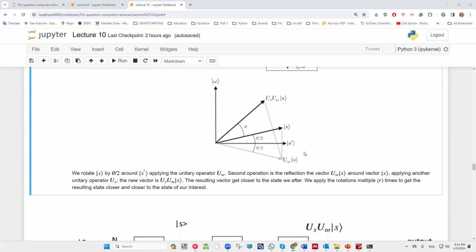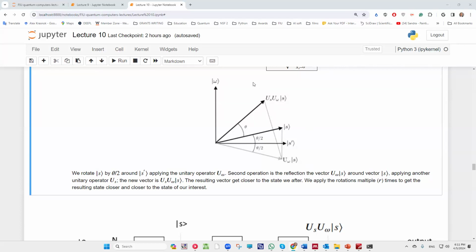This implies that if we repeat this operation several times, starting from this vector here, then I rotate this vector around S prime and I will get some vector pointing downward.